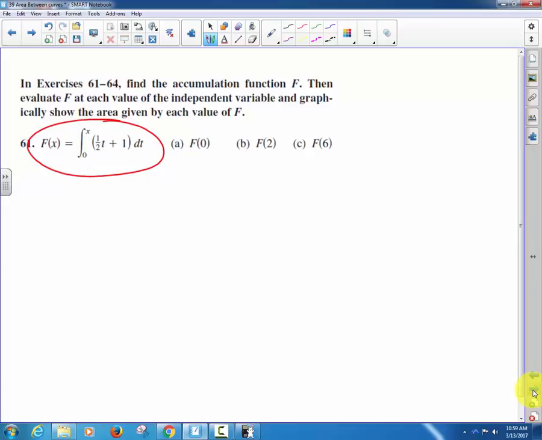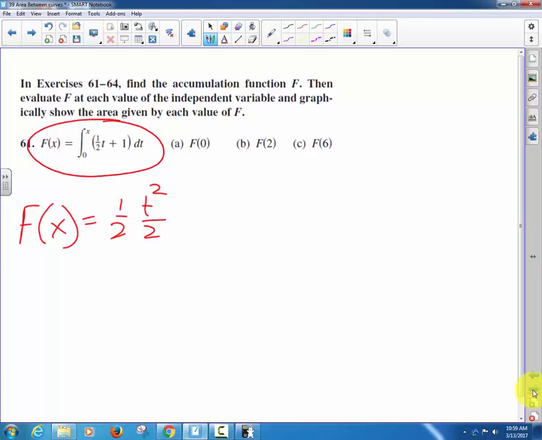That's right. Can we integrate that function the way it's written? Well, you can, but you won't get nice number answers out of it. You can integrate it, though. What's the integral of 1/2 t? It becomes 1/2 t squared over 2.